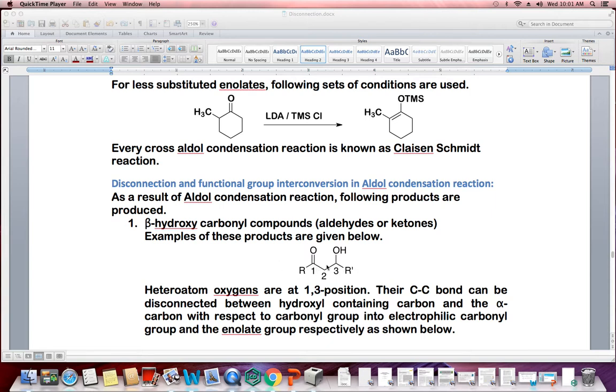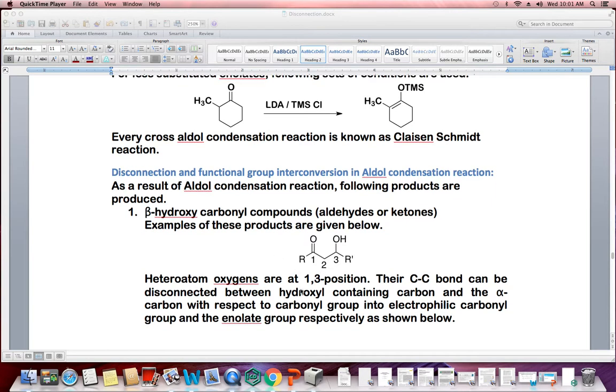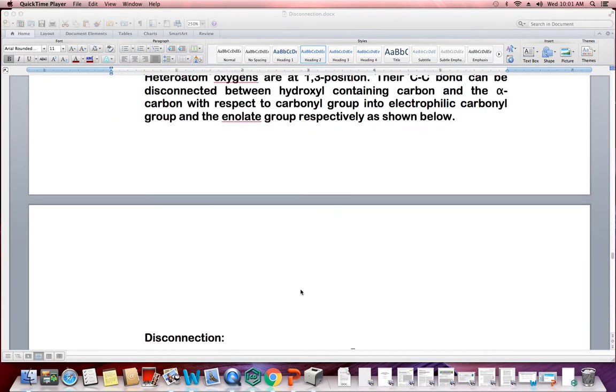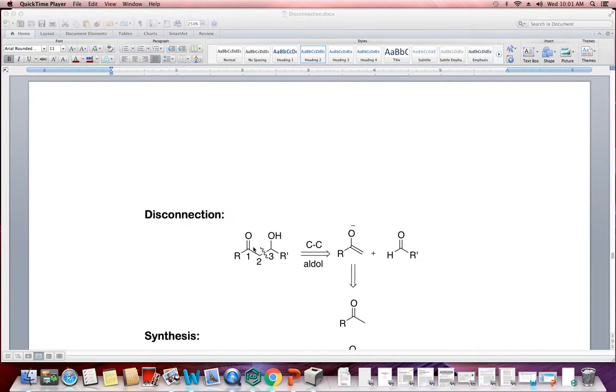So the heteroatoms in these aldol products have a 1,3 relationship. For disconnection purposes, we will disconnect the carbon-carbon bond from that position, that is, next to the hydroxyl functionality.